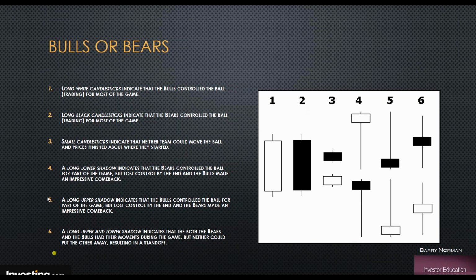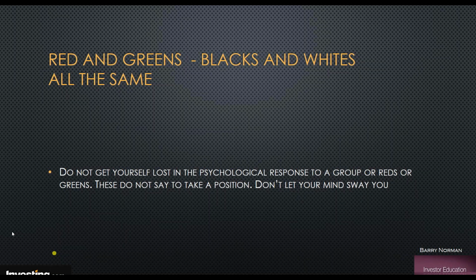And this is what most people don't know or can't do. Each one of these movements, whether it's a candle or a bar, does tell a story. Ultimately, it's all a story about dominance of the market. It's all about market psychology. So don't get yourself into a psychological response to a group of reds or greens. These do not say take a position, and don't let your mind be swayed.